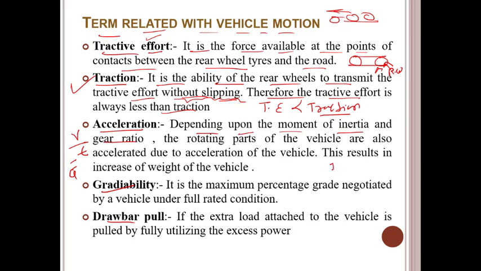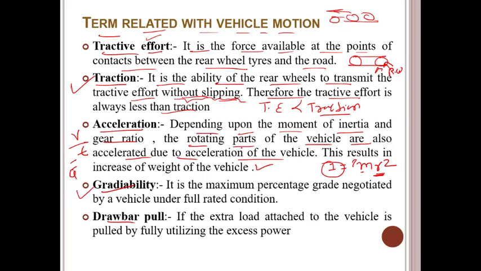We know the moment of inertia I of the vehicle, and the gear ratio. The rotating parts of the vehicle are also accelerated due to the acceleration of the vehicle. This results in an increase in the effective weight of the vehicle. We know the formula I is equal to m r squared, so as the radius of rotation increases, the moment of inertia also increases.